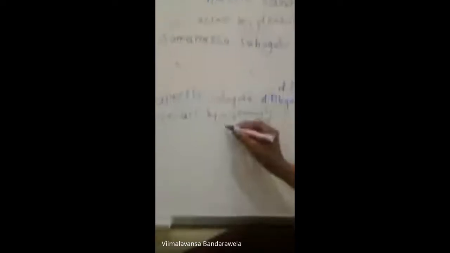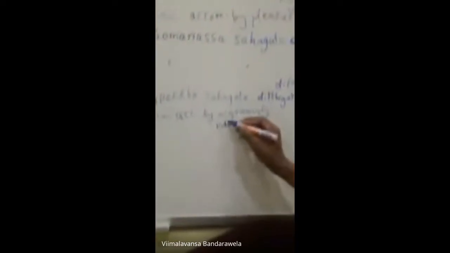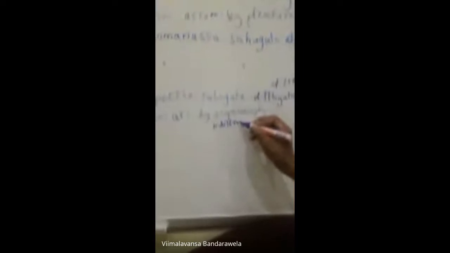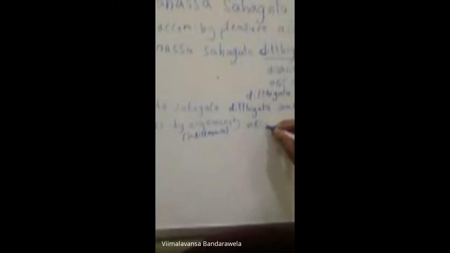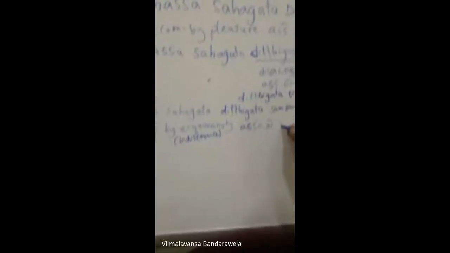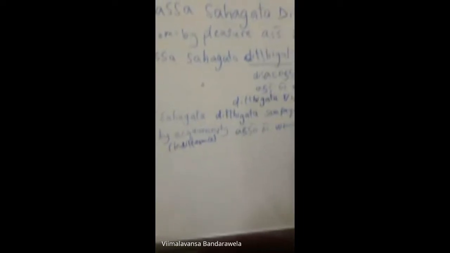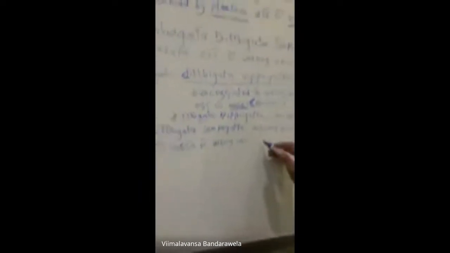Equanimity means indifference. Then ditthigata sampayukta, associated with wrong view, asankharika, which means unprompted.